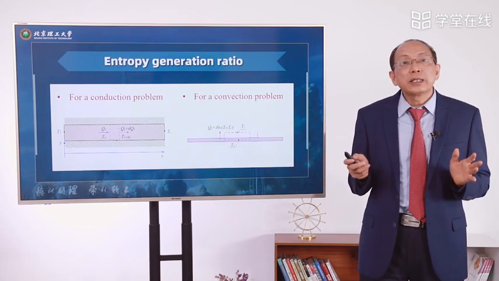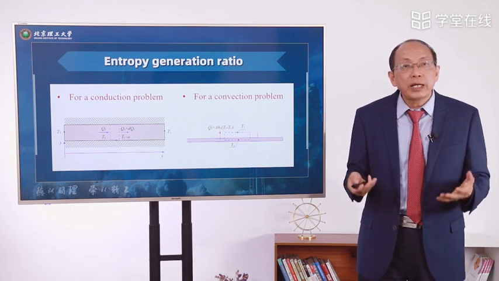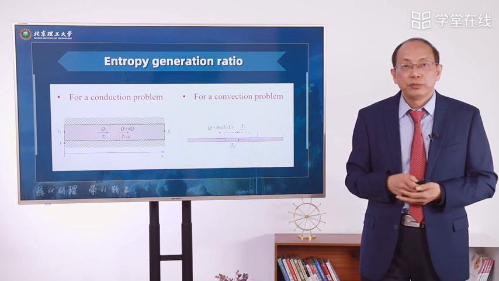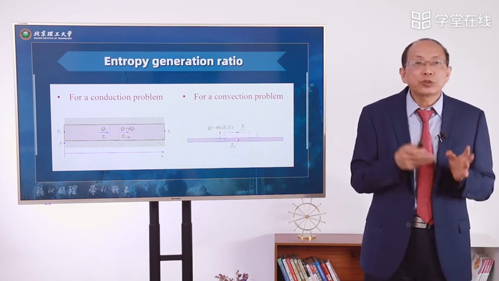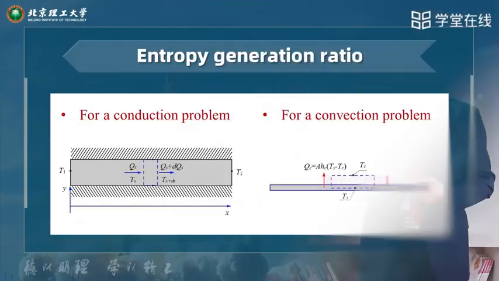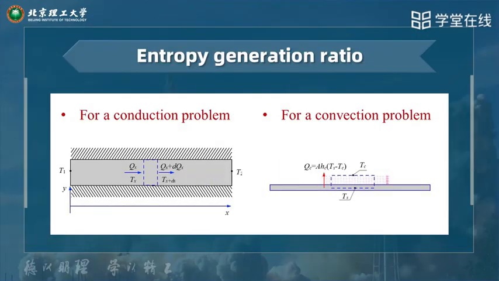Okay, another example, how to calculate the entropy generation ratio. We use conduction and convection to discuss it. The left picture is a bar with insulation outside, so no heat energy losses. The heat energy just transfers from T1 to T2.